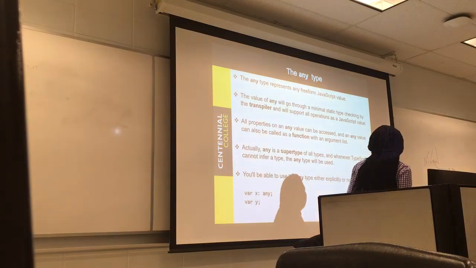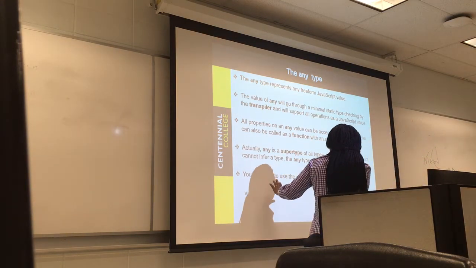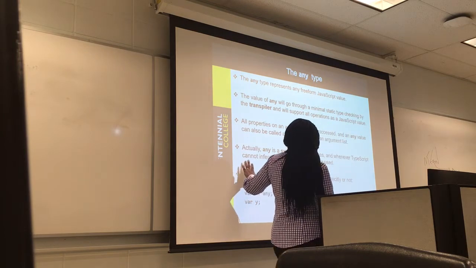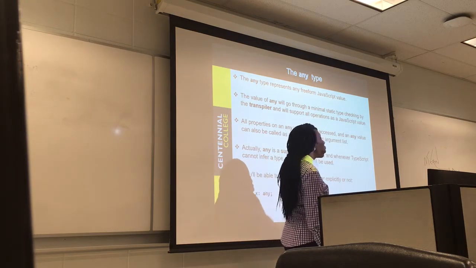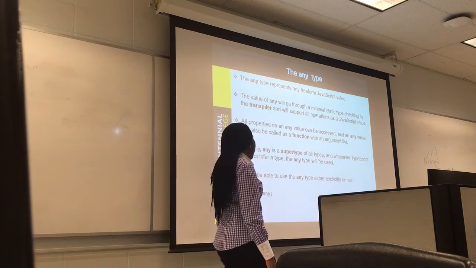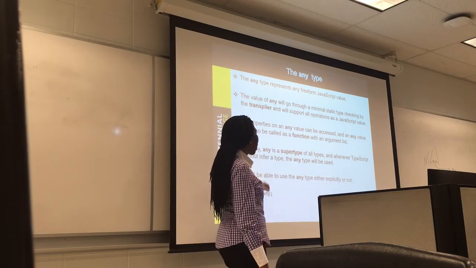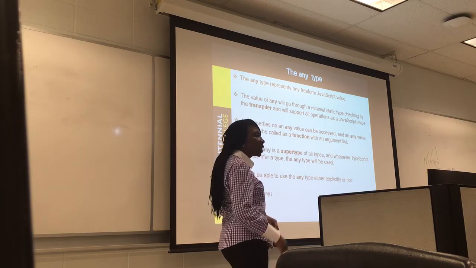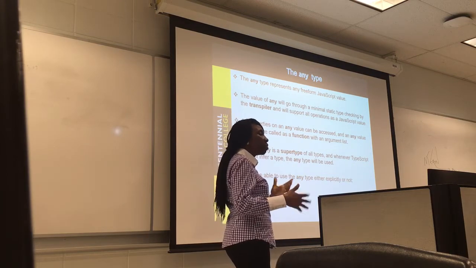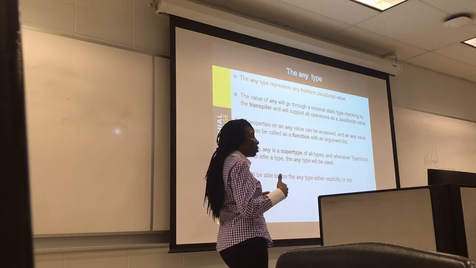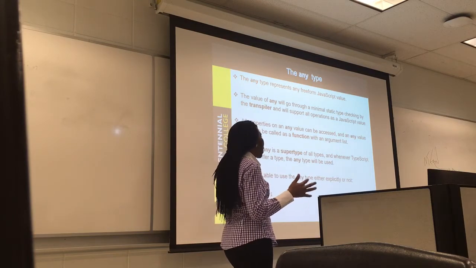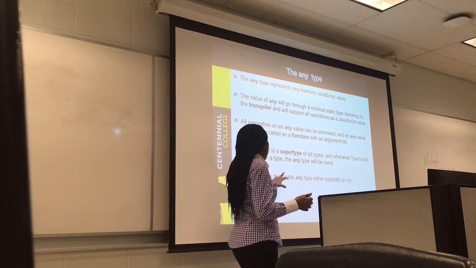So in this example, the any type we also refer to as a super type of all types. And whenever TypeScript cannot infer a type, the any type will be used. So the any type is just like a type that is readily available for use, right? So when TypeScript cannot use any available type, it should use that any type, right?